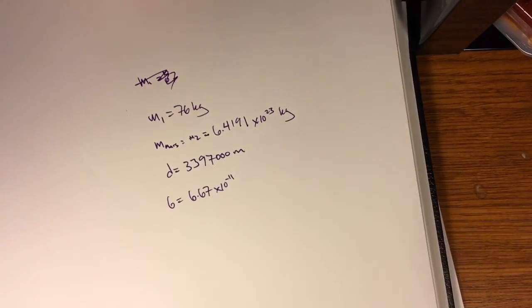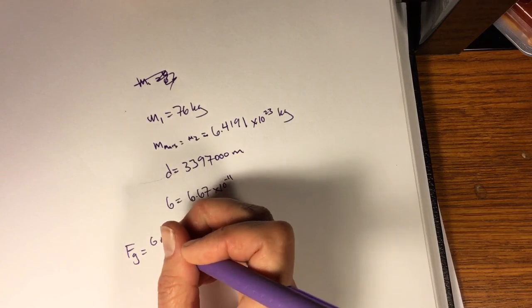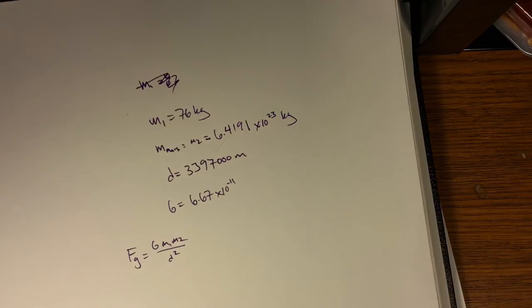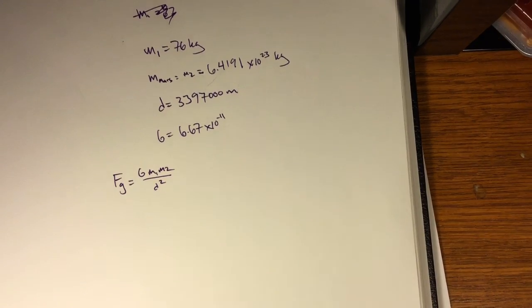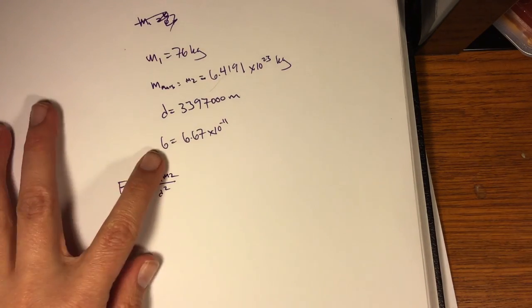So when I'm solving for force, remember F equals G, M1, M2, over distance squared. I'm going to go ahead and set these things up in their different colors so it makes it easy to move things around. So G never changes.